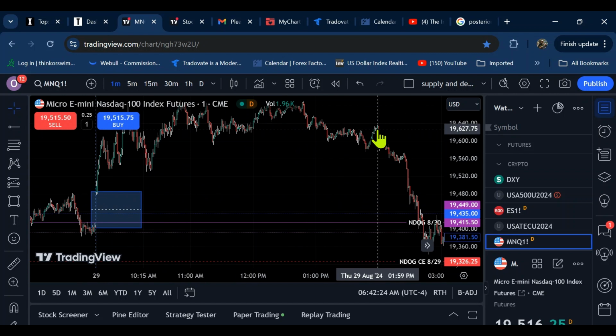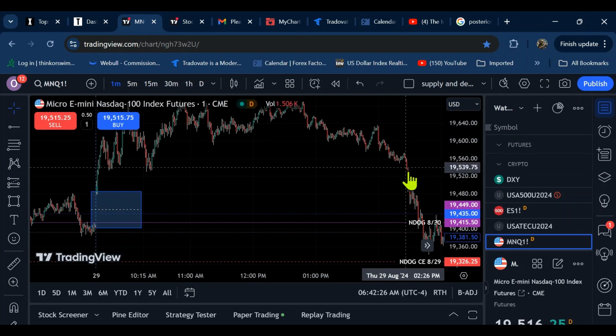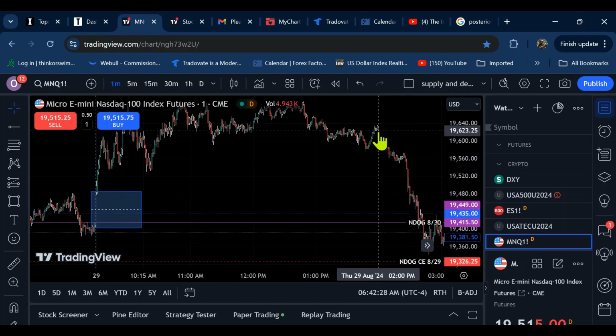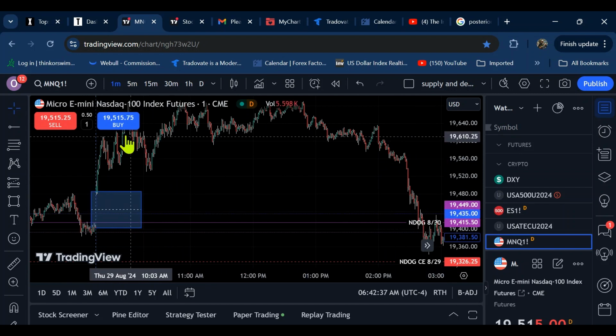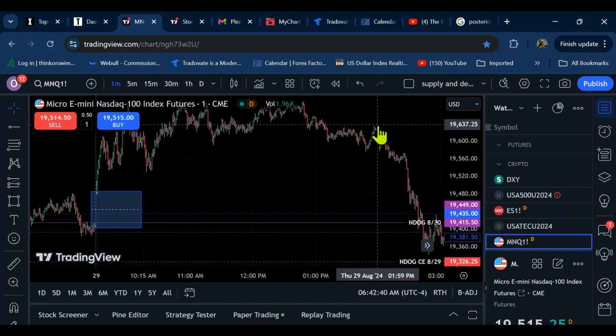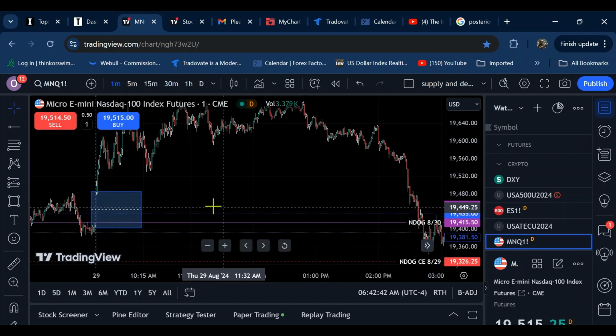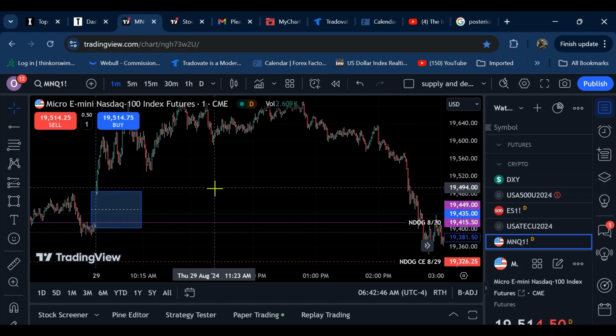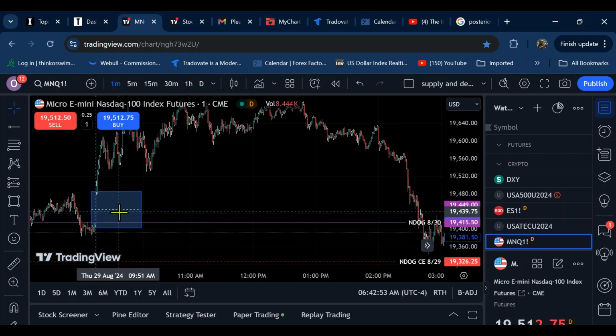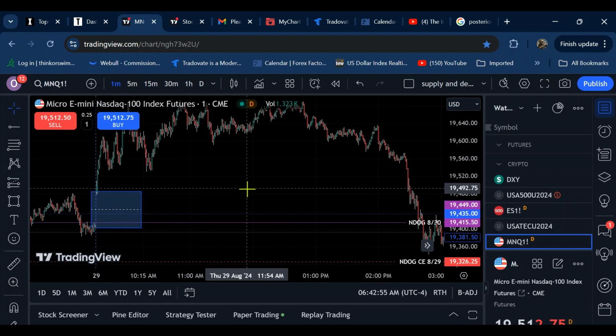I scaled in, but I had a max of 5 micros, so my risk was only $50 in the very beginning, and as I'm scaling in as we're going down, I make $1,500. This is all paper money, of course, but you can transfer it to the real thing eventually once you learn it. That's a huge amount of movement, and it's predictable. 70%, I mean, you can't get any better than that. 70% chance of it going there, I'm in.